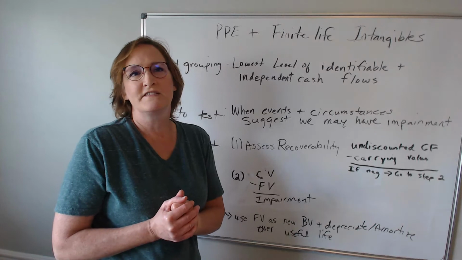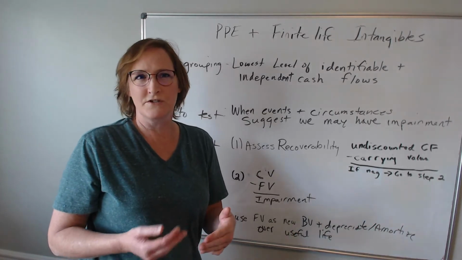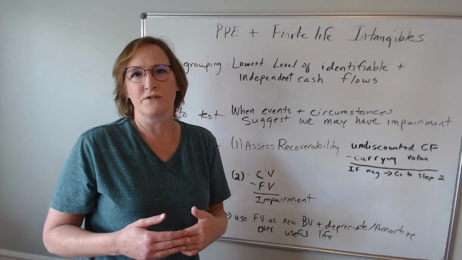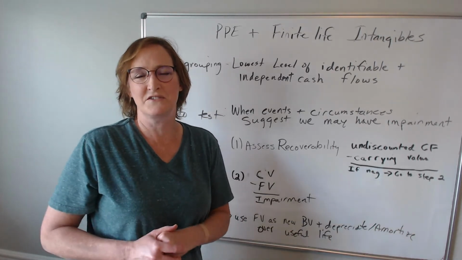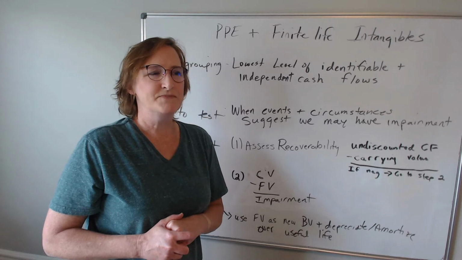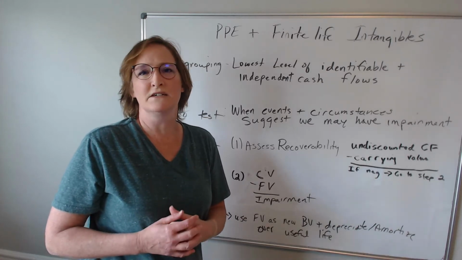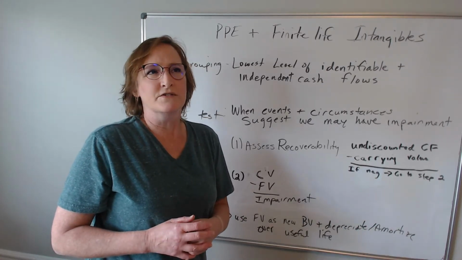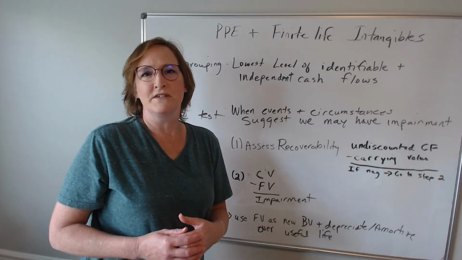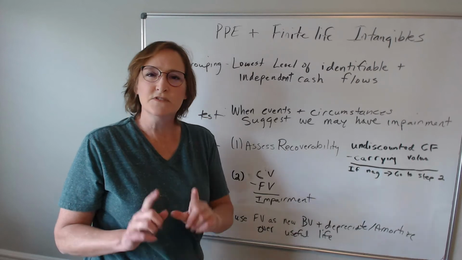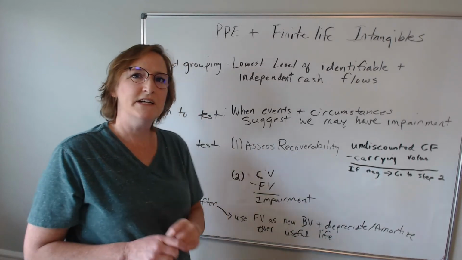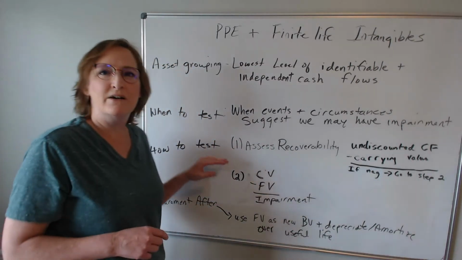But let's say you have several years of negative cash flows. You're not bringing in as much as the cost of these assets. There's a change in regulation. There's been damage. There's some event that has happened that has made you say, it's time to take a look at this. So let's say that has happened, and then we're going to move on to how to test.